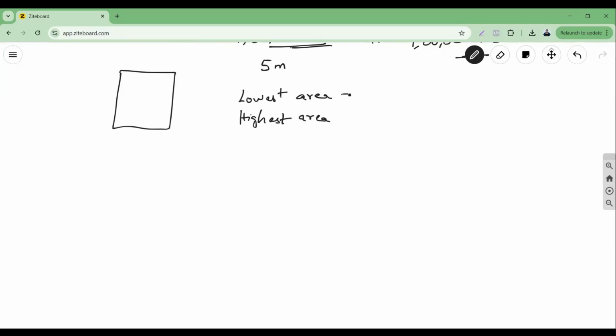Lowest possible area means I'll take the lower bound. What's the lower bound for 5 meters, which is nearest meter? It will be 4.5. We know that 1 meter, we are going to divide by 2, it's 0.5 meter. So 4.5 times 4.5, that's the lowest possible area. And the highest possible area is 5.5 times 5.5. So the area will be between these two values.